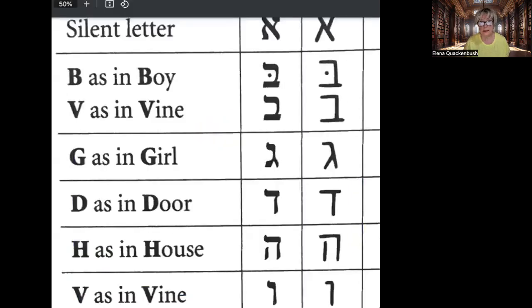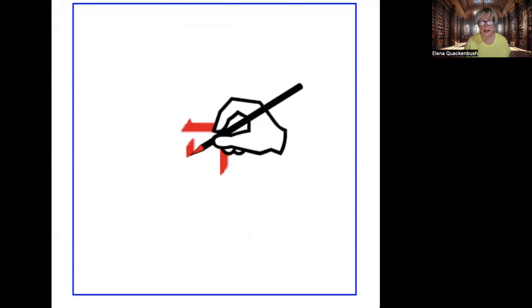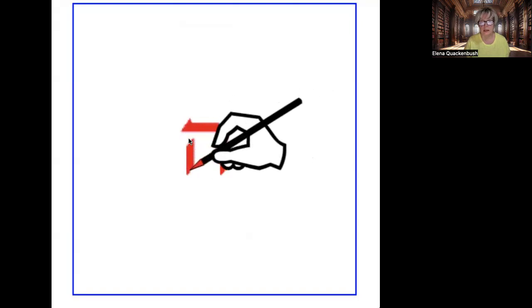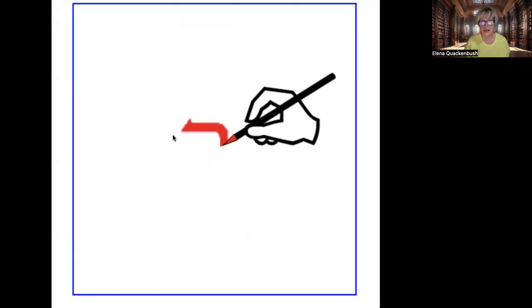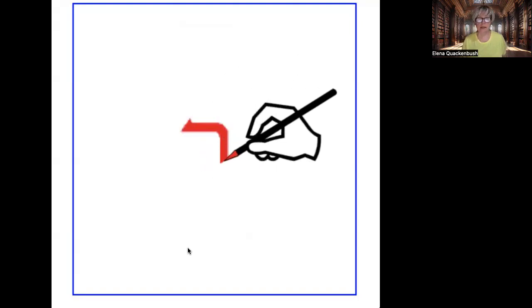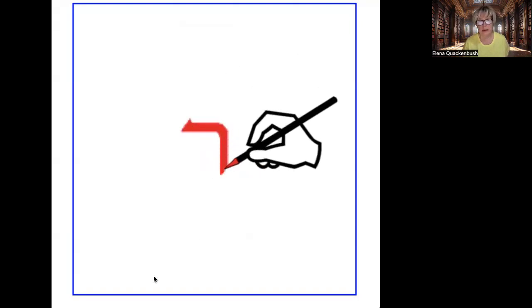So the next letter is Hey, as in house. Now in Hey, it is very important to leave that little window over here through which the air comes. In Hebrew, there are 2 letters that are very similar, but also very different.